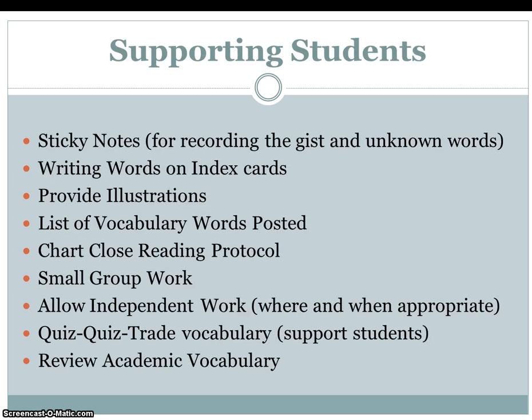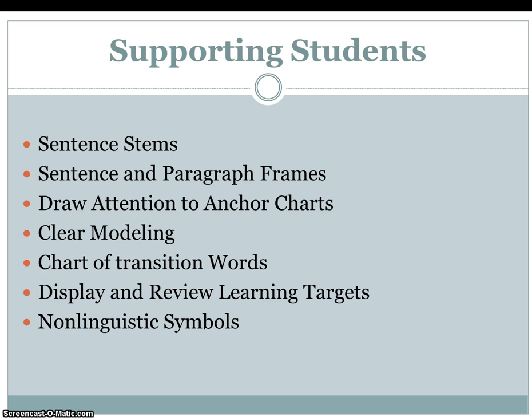The reminder is for supporting students based on the students that you're working with this year. Include things like keeping vocabulary words posted, your close reading chart protocol, use of small group and independent work, writing words on index cards, reviewing the academic vocabulary, sentence stems and paragraph frames.